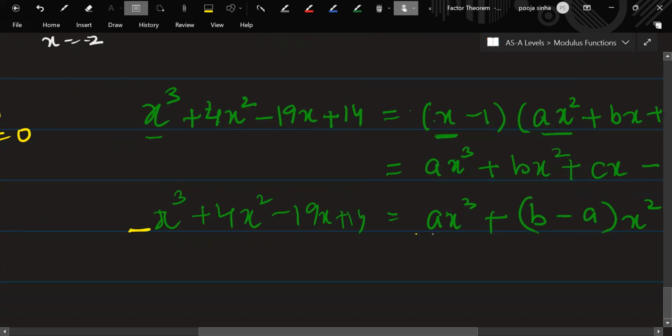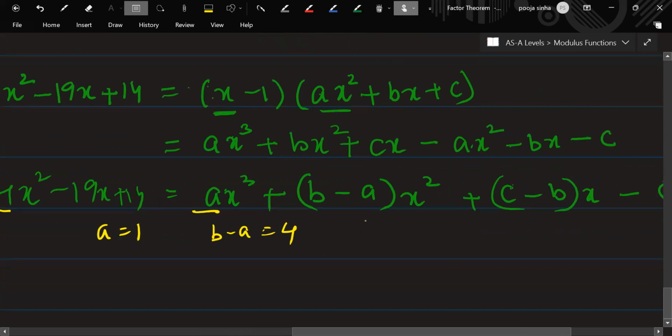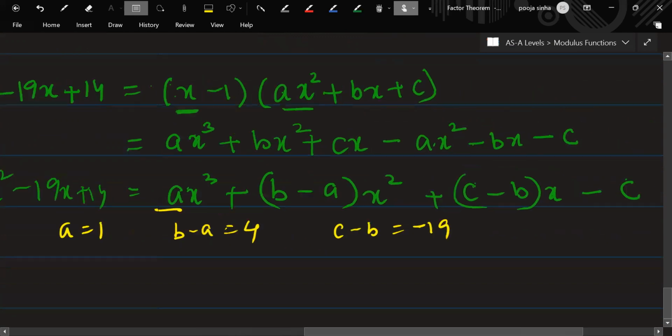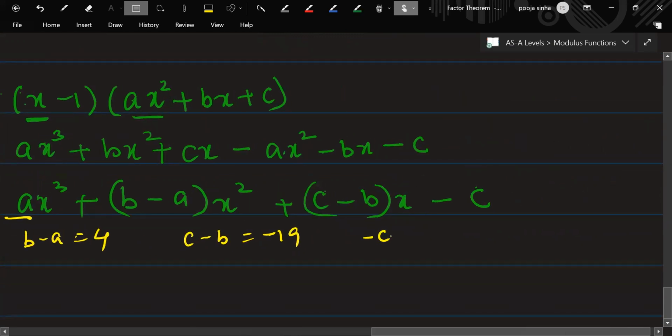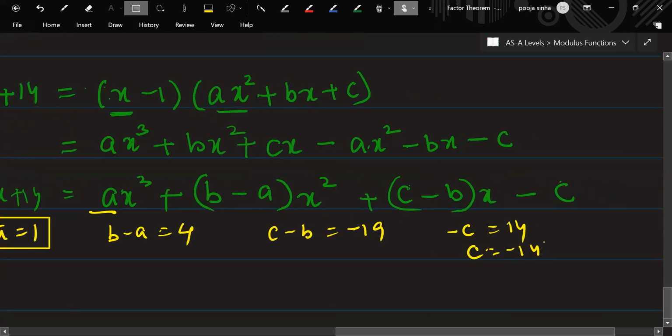Now tell me, when you compare, what can you see? The coefficient here is a. So can I say a is equal to 1? Can I say that b minus a is equal to this 4? Can I say c minus b is equal to minus 19? Can I say minus c is equal to 14? So a equals 1 is clear. c is equal to minus 14 is also clear.